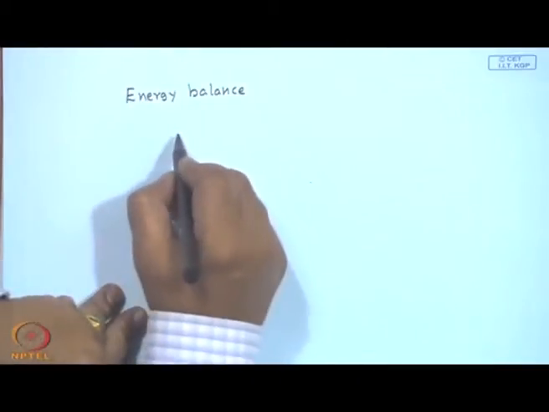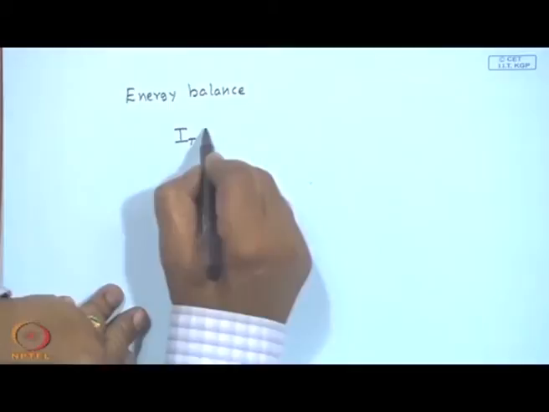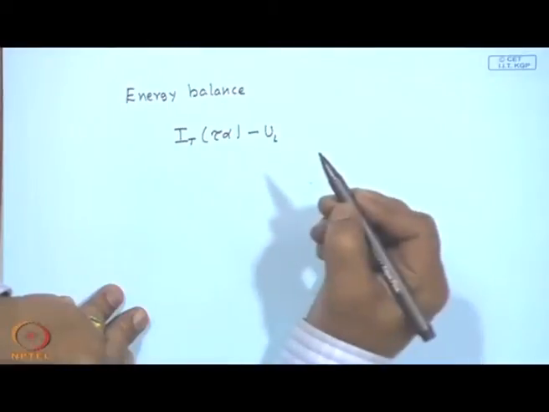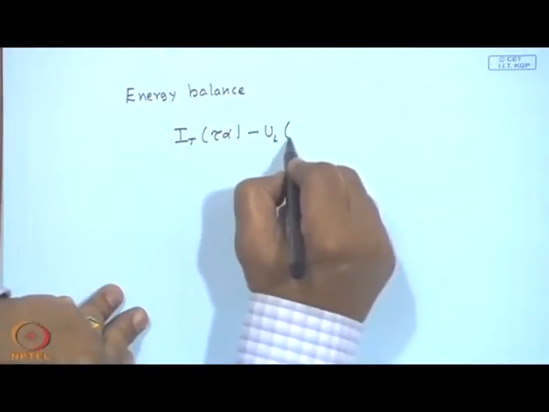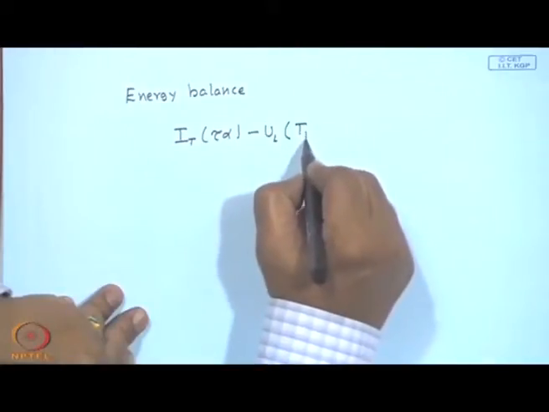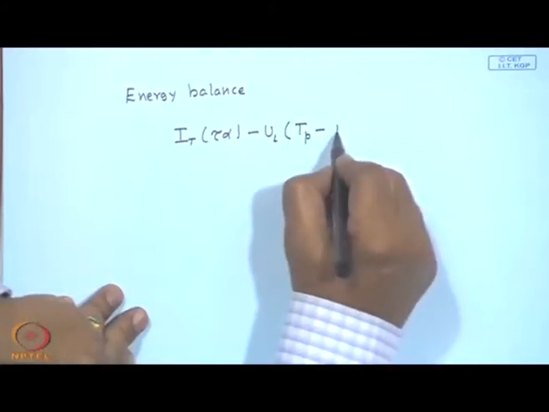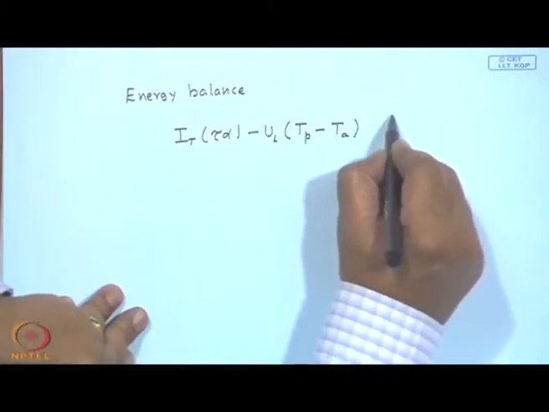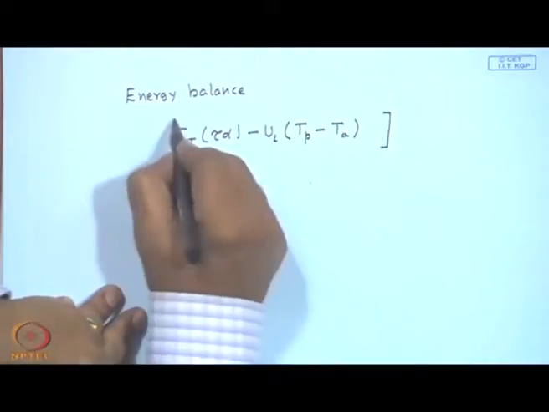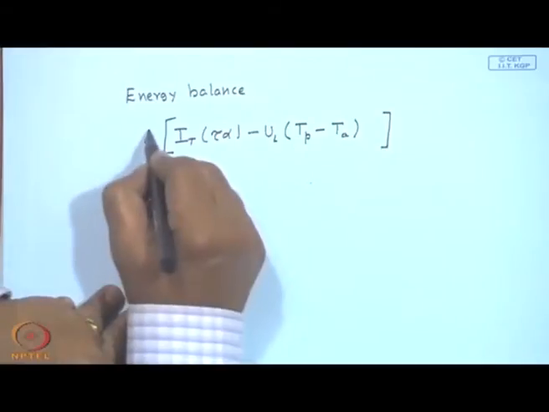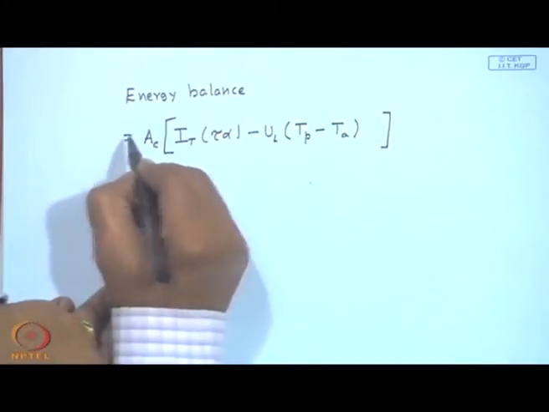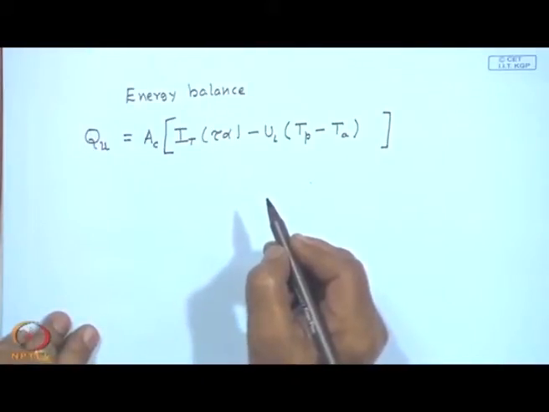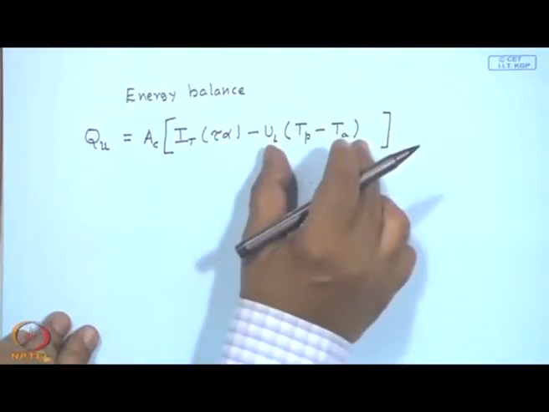The absorbed energy is I t times tau alpha, and if I represent all the losses by an overall loss coefficient U L, and the collector plate is represented by a single temperature T p and the ambient temperature is T a, this is the loss, multiplied by the area of the exposed surface. This should be equal to your useful energy gain from the collector, whatever is absorbed minus whatever is lost.